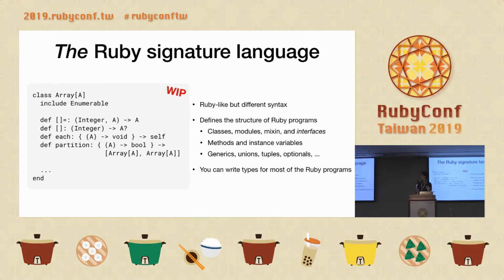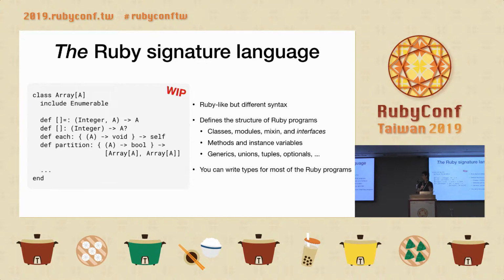So the language defines the structure of your Ruby programs. It means that you define the type of classes, type of modules, and maybe the relationship between them, like inheritance. And interface is another concept introduced in RBS. It means abstract types.